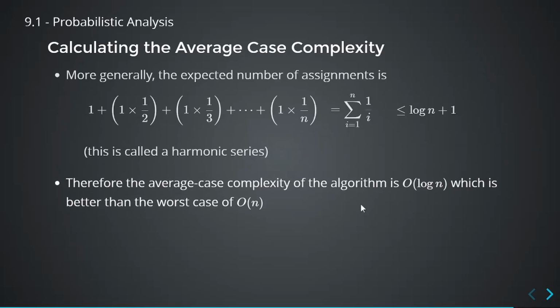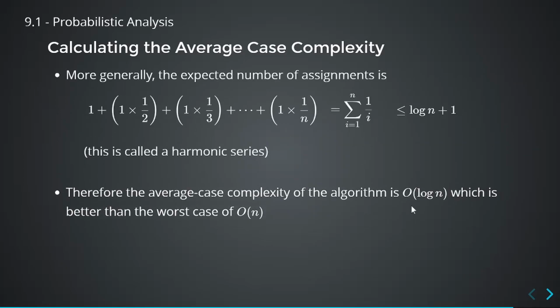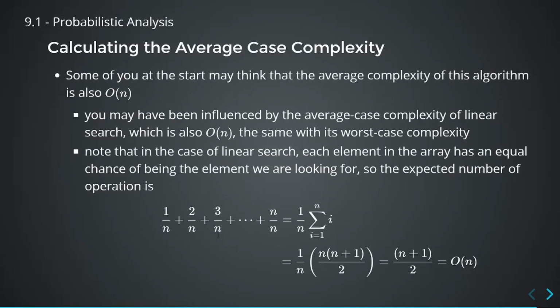But make sure you understand the difference between this one, the harmonic series, and this one, actually I don't know what to call this. It's just the summation, right? Yeah, these are 2 different cases that you often see when you're analyzing average case complexity.